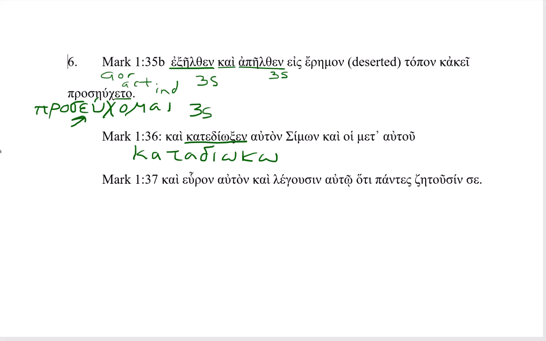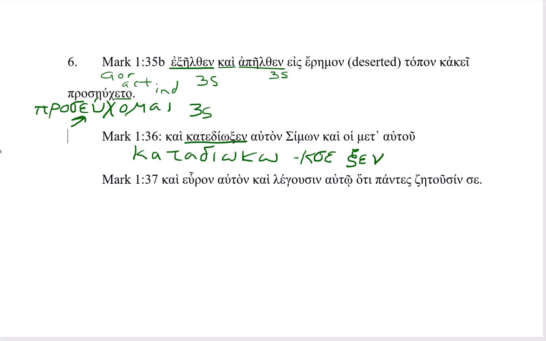Katadiōkō means to pursue or follow. This is a nice example of a first aorist. So we see the kappa of the stem coming up against the sigma epsilon of the aorist tense formative. And that's giving us a xi, and then the ending, the epsilon nu.